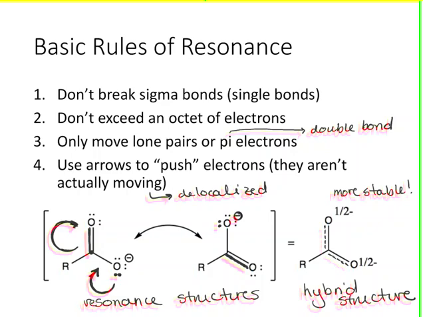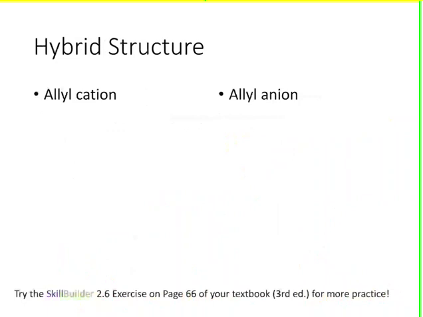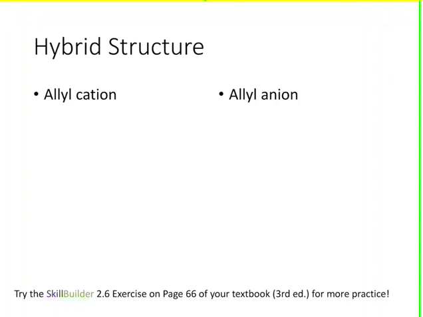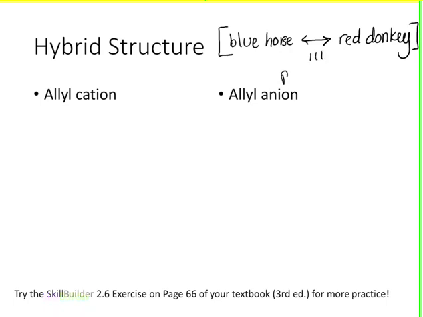Okay, so let's go over a couple more examples of resonance structures. So essentially what we're doing here, and this is going to sound a little silly, but it's a good example, we're taking a blue horse, and a red donkey, and we're making a purple mule.